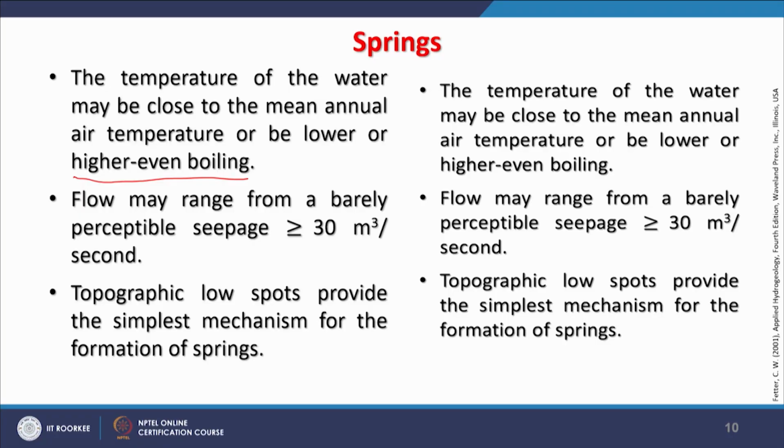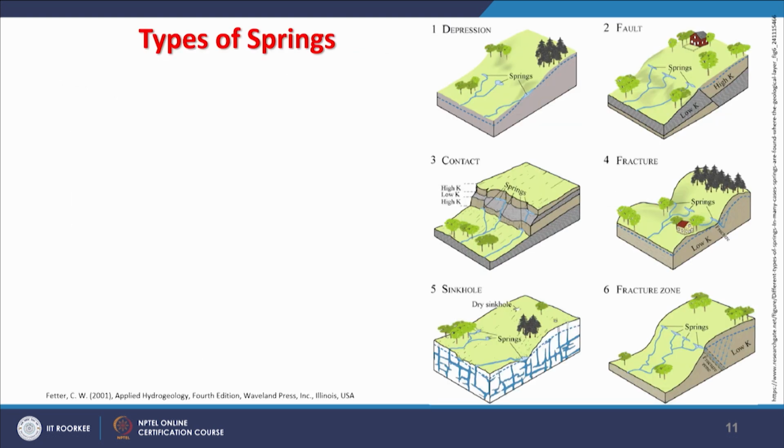So, these wet slopes are also an indication that there is a recharge somewhere and that water is being supplied. Now, the temperature of water is close to the mean annual temperature, or lower or higher, even up to boiling point.